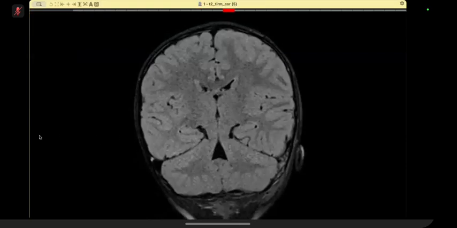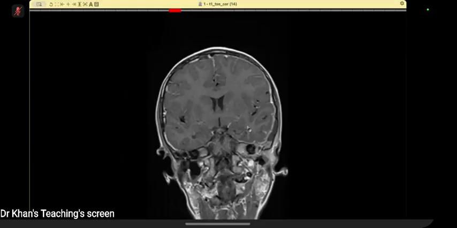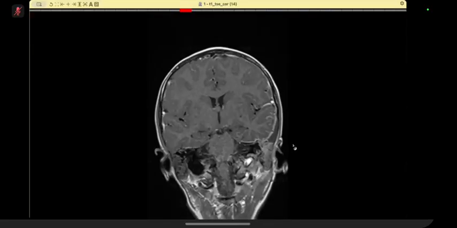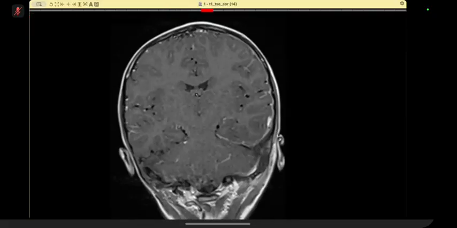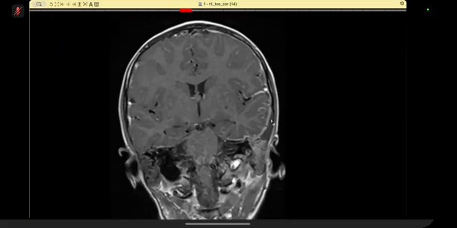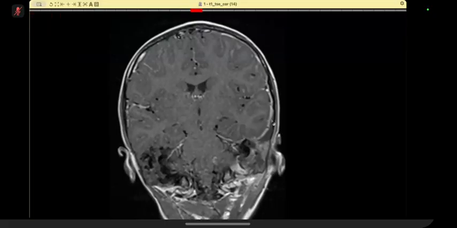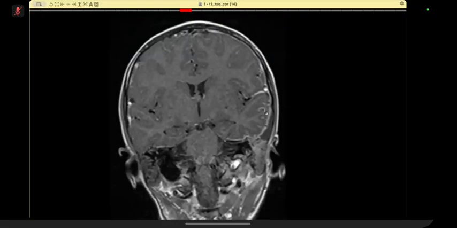And we have got a contrast image here. And now you can see that it is sitting outside. You can see this meningeal enhancement, and this is leptomeningeal enhancement, and you can see that the enhancement goes inside.